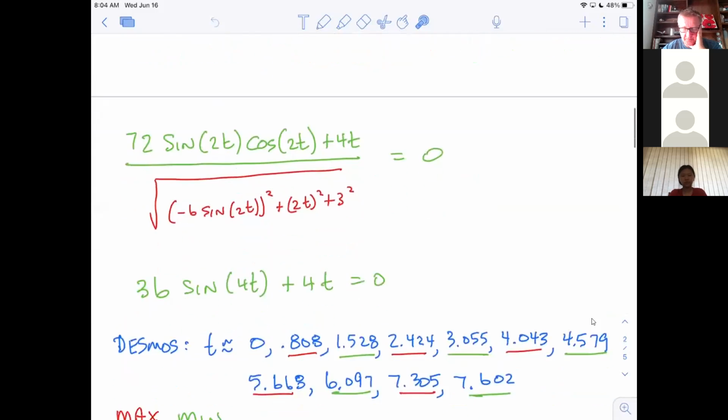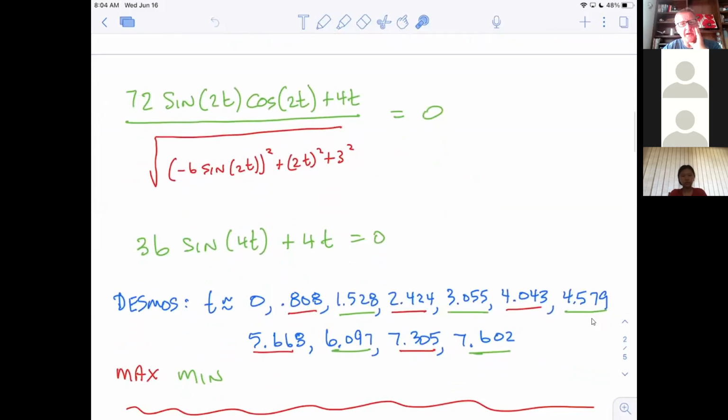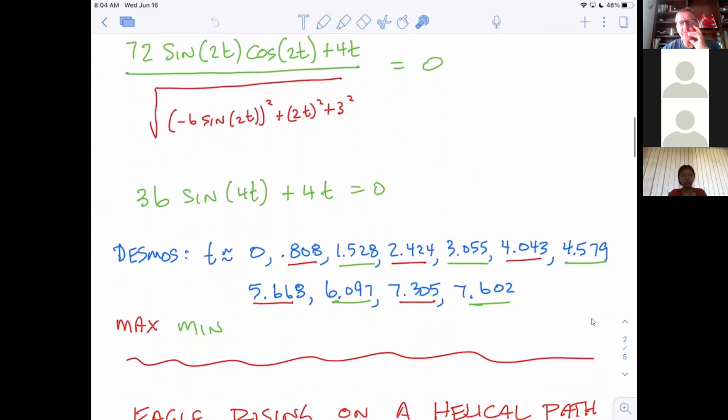So if you go to Desmos, you get a whole bunch of answers to that, as you might expect, since it's a sine wave. I'll show you this quickly on the other screen just for the fun of it. Remember, zero slopes don't mean maximum, they mean maximum or minimum.